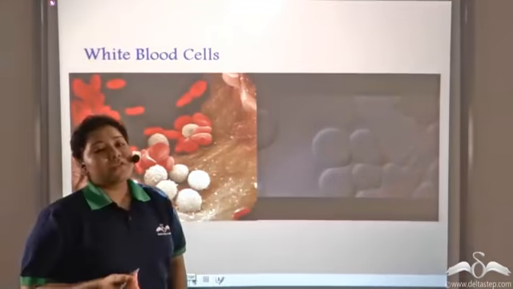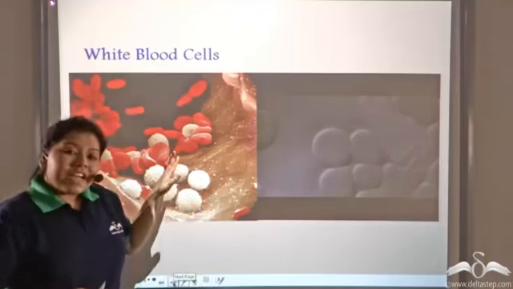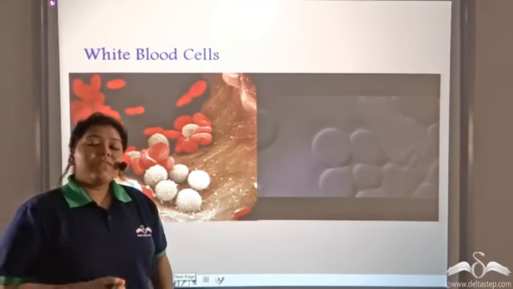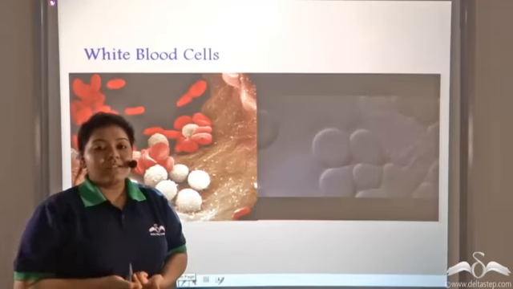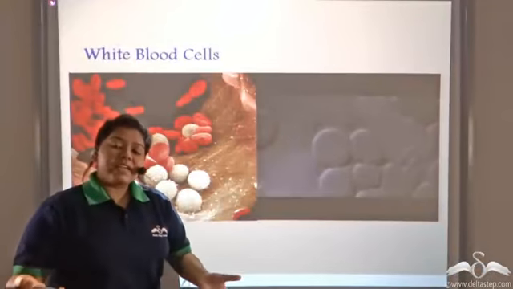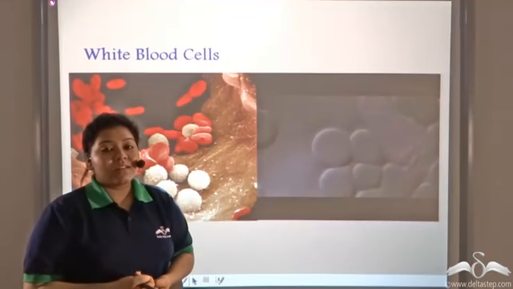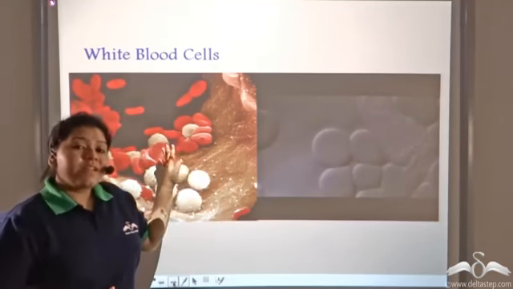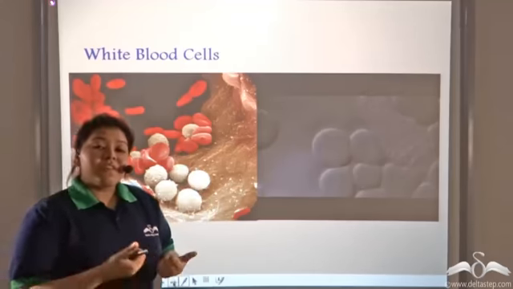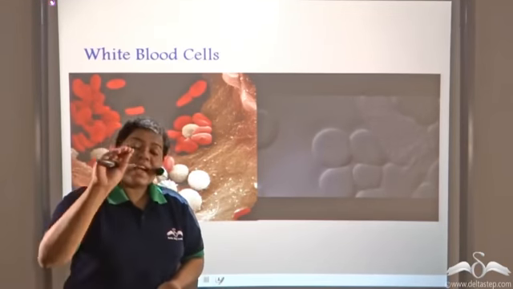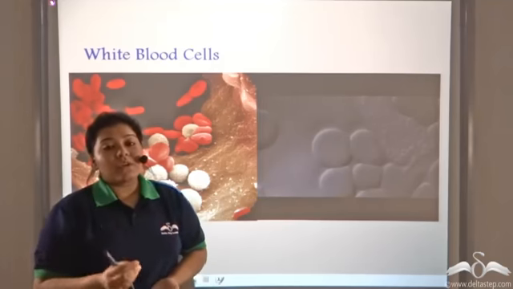Now let us see a few examples. White blood cells that are present in our blood have a very protective function. They engulf any foreign object, and that is how they protect our body. For that, white blood cells need to be very flexible so that they can reach the most inaccessible places in the body.